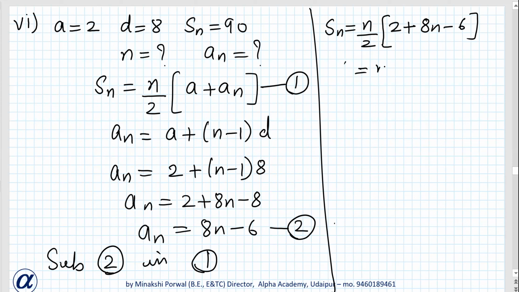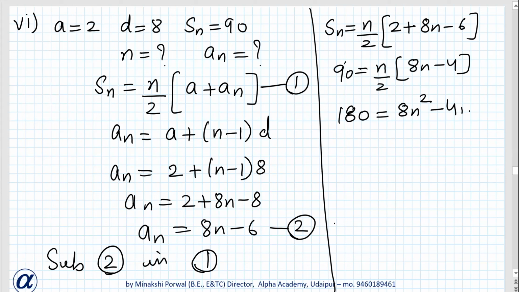So that is equal to n by 2 times 2 plus 8n minus 6, that is 8n minus 4. And Sn is 90. So 90 into 2 is 180 equals 8n square minus 4n. We'll get a quadratic equation here: 8n square minus 4n minus 180 equals 0. Dividing the entire equation by 4, 2n square minus n minus 45 equals 0.